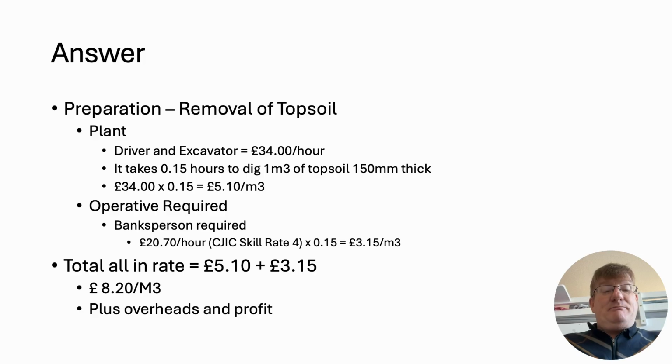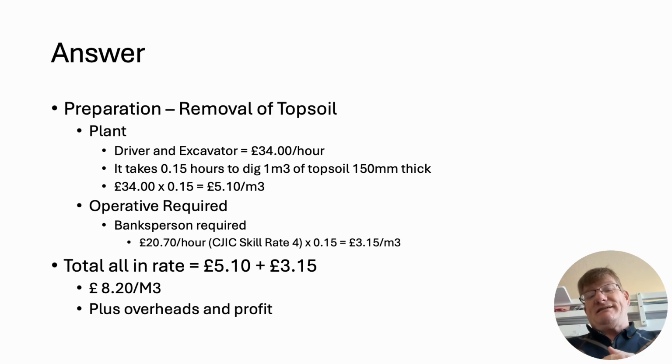I also need a banks person because of health and safety reasons. So I've given the banks person a rate 4 under the CIJC skills rate, the working rule agreement there. So it's £20.70. The banks person might have a shovel, might tidy things up, but fundamentally is there as a spotter.